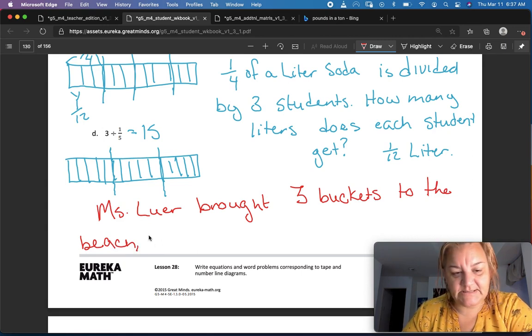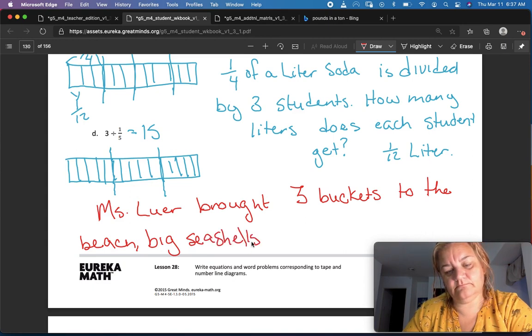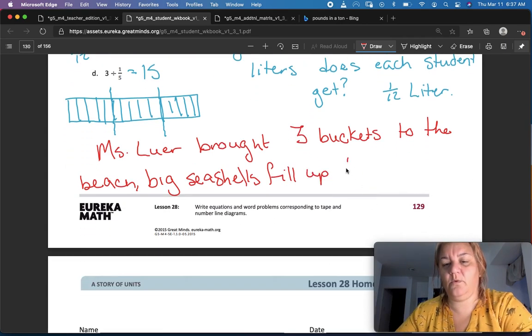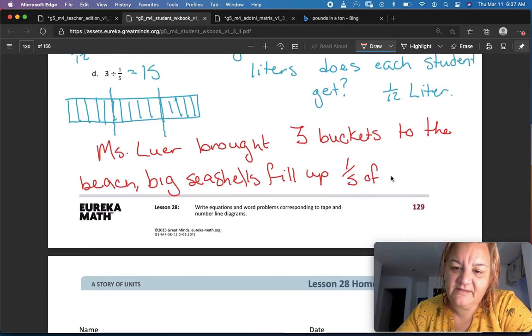Big seashells fill up 1/5 of each bucket.